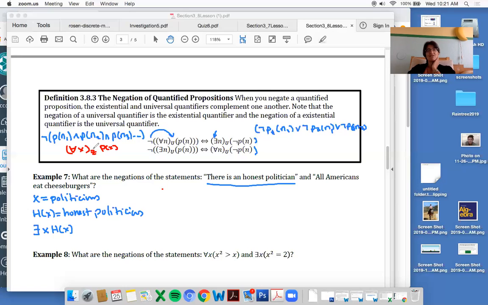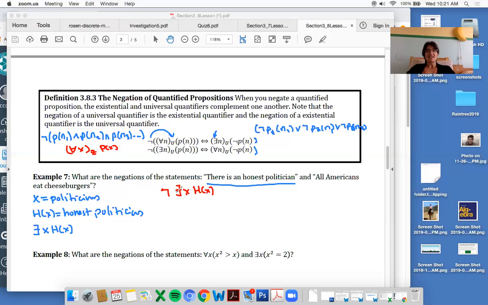Most of the time the universe is implied, or it's in context, or you're saying it on the side. You can put it as part of the statement or beside the statement. All right, so we're going to negate this statement right here.